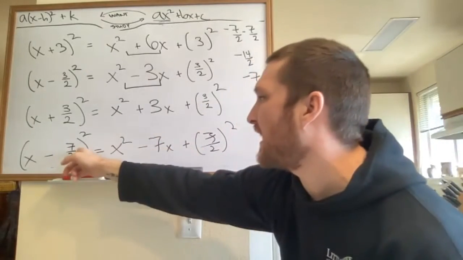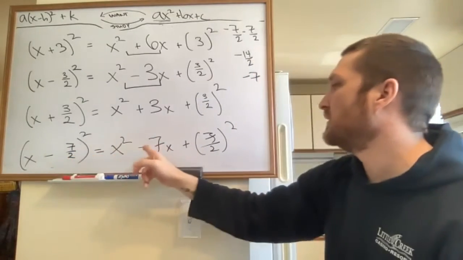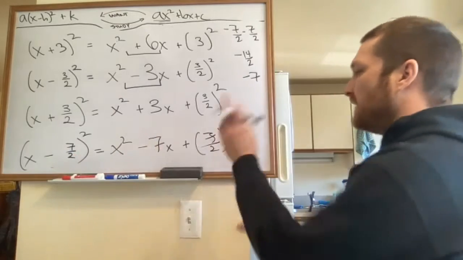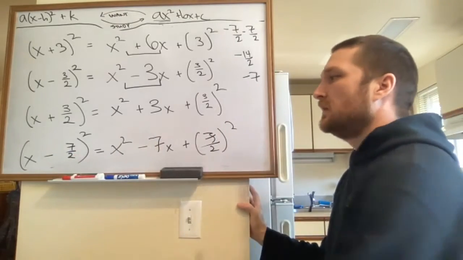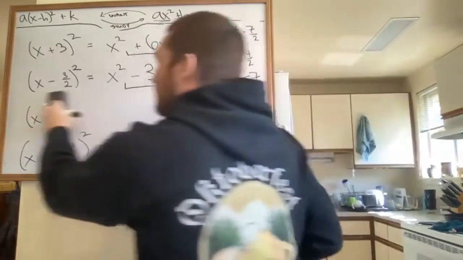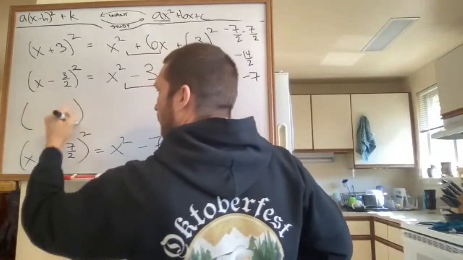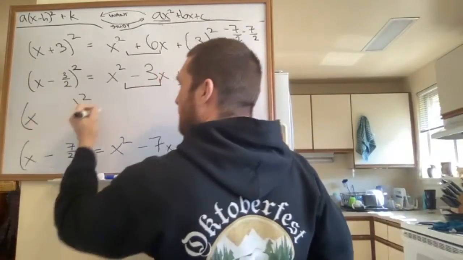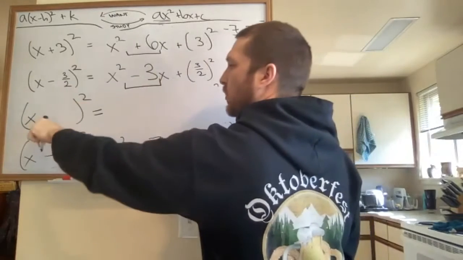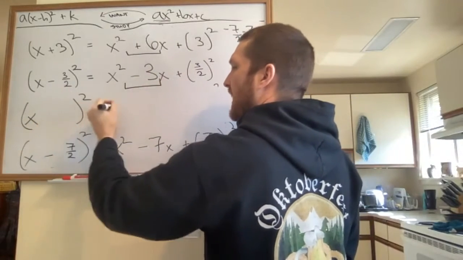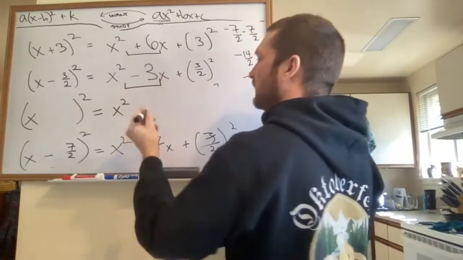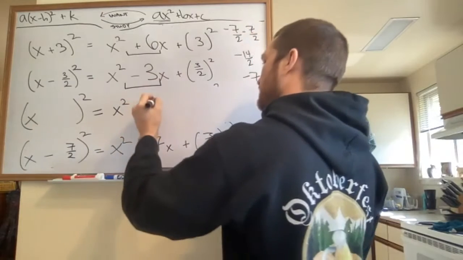I just multiply that guy by 2. 7 times 2 is that. Okay, and then I have a 7/2. Nice. Let's do another one that's a little bit more tricky. We're looking for 2 bits of information. We want to know what that sign is and what number that is when we're given something like this.